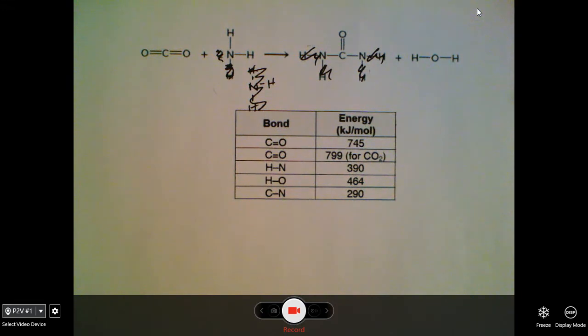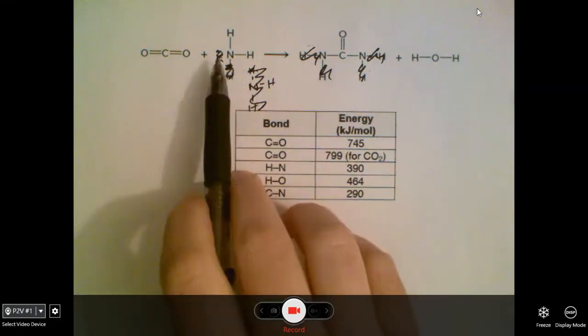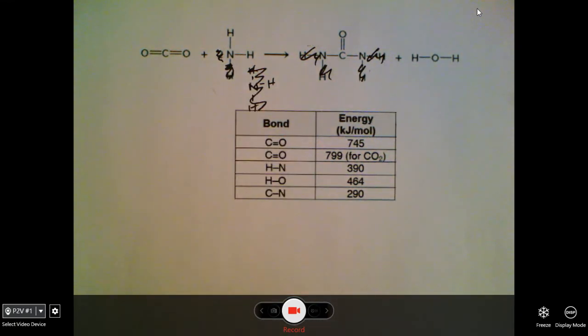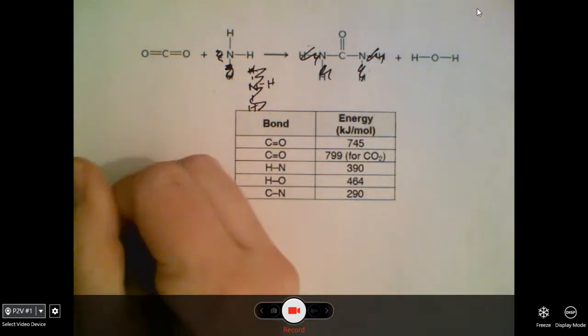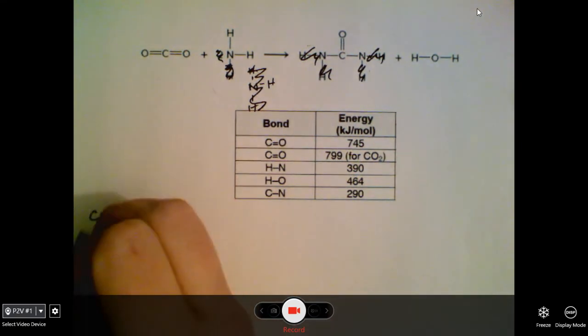And what I'll see sometimes on the multiple choice section is they'll ask you to do this mental math a little bit, and then they'll ask you to figure out what's different and what's the same without using a calculator. And it helps if you can visualize what is going away. So we'll do this math now. So I've got 2 C to O double bonds from carbon dioxide.